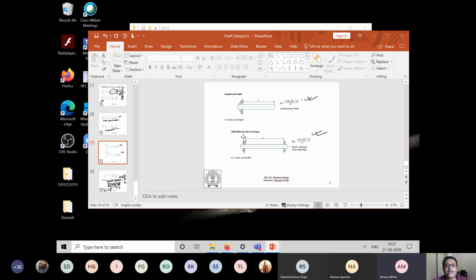If you look at the static shaft, the elastic deflections between a bearing, a shaft is there. It's like a beam which is simply supported, right? A short bearing can be modeled as a point load, and a long bearing can be modeled as a fixed support, because the slope will be 0 at the bearing.